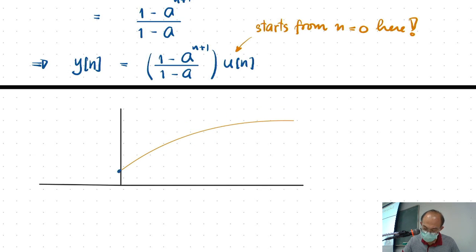Yeah. Okay, 1, and then it goes up, and it will reach steady state as n approaches infinity. And the value of the steady state is 1 over 1 minus a.